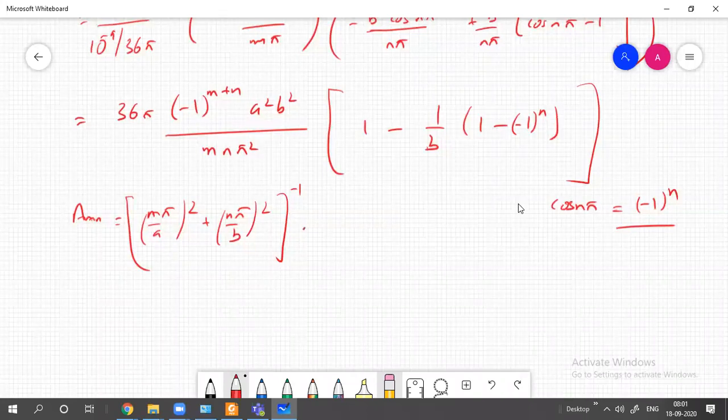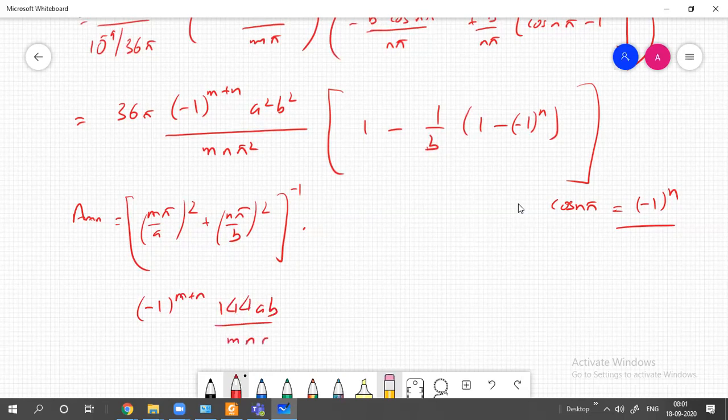Further it will be minus 1 to the power m plus n, 144 ab over m n pi, times 1 minus 1 over b, times (1 minus (minus 1) to the power n). So this will be our Amn.